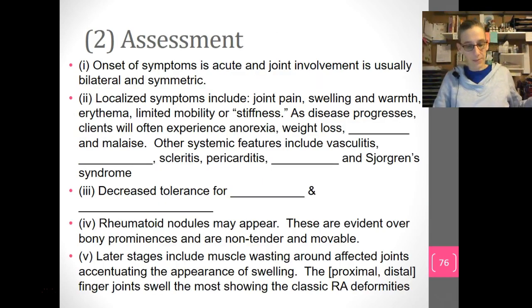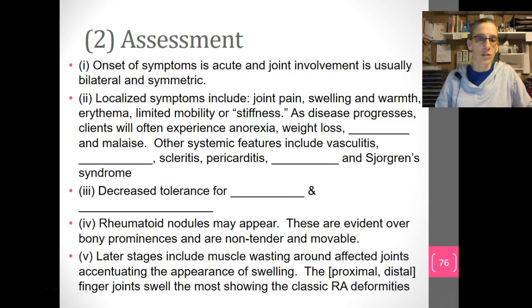Assessment. The onset of symptoms is acute, and joint involvement is usually bilateral and symmetric. Localized symptoms include joint pain, swelling and warmth, erythema, limited mobility, and stiffness. As the disease progresses, clients often experience anorexia, weight loss, fatigue, and malaise.